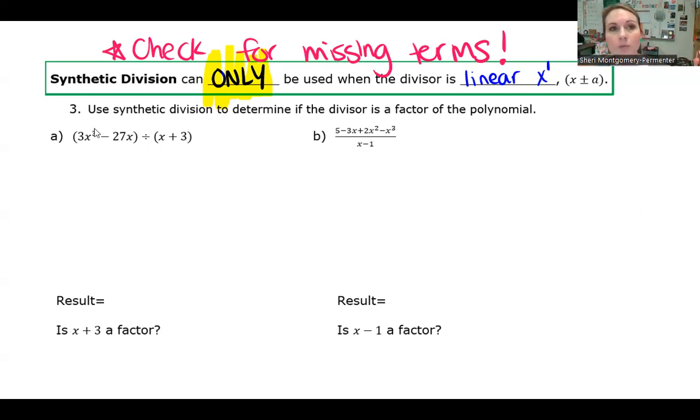So when I look at this problem, I've got something to the 3rd power and then to the 1st power. So I go from 3 to 1 and I'm missing my 2nd power. So I need to put in there, this is a missing term, that I need to add a plus 0x squared. That's a missing term.